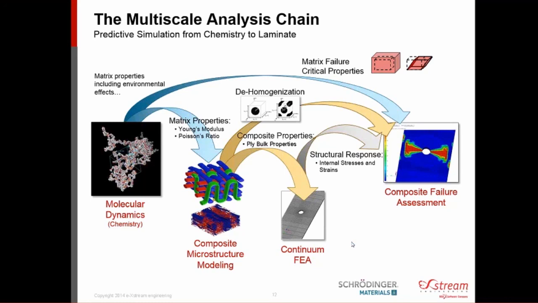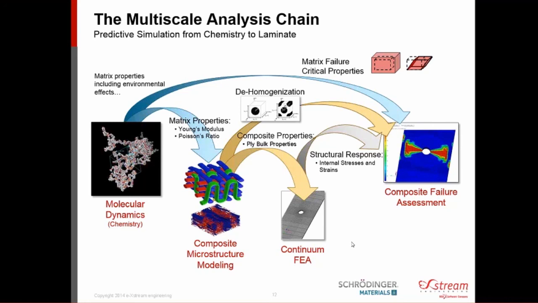They want to know when the matrix starts to fail, when you first start to get matrix failure, or when the first fiber breaks, or essentially when the first detrimental event happens inside the structure. Those things are important to them. So in order to examine those things, you have to dehomogenize the stress and strain inside the composite to look at failure. And so those things all go into the failure assessment.